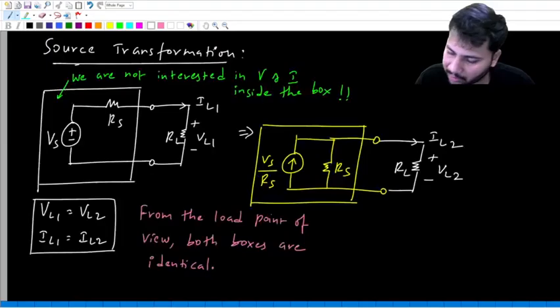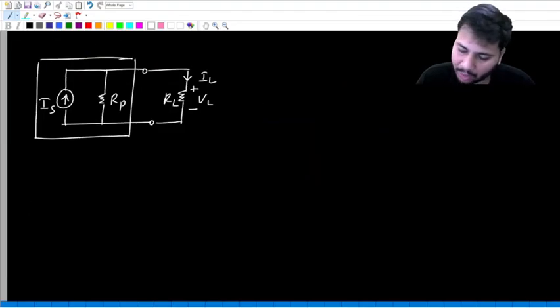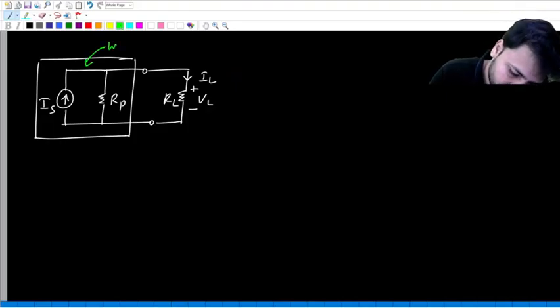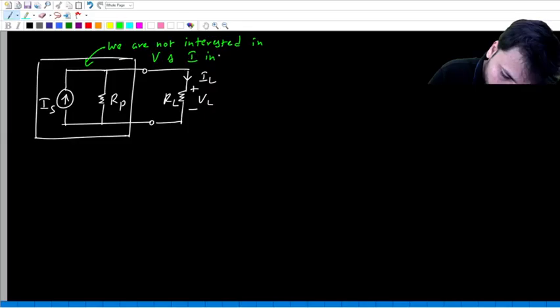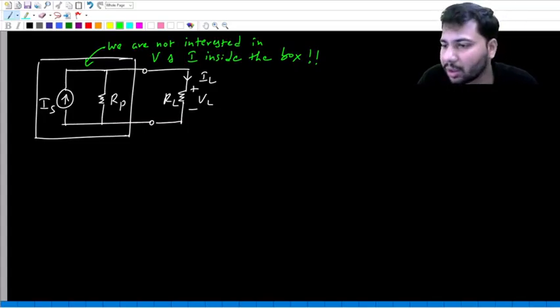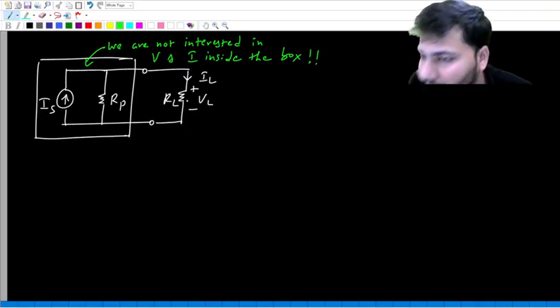Again the point is we are not interested in voltage and currents inside the box. We are only interested in voltage and currents outside the box.